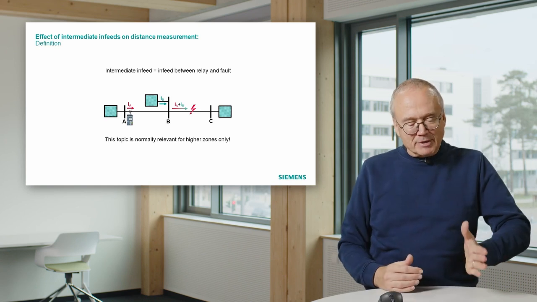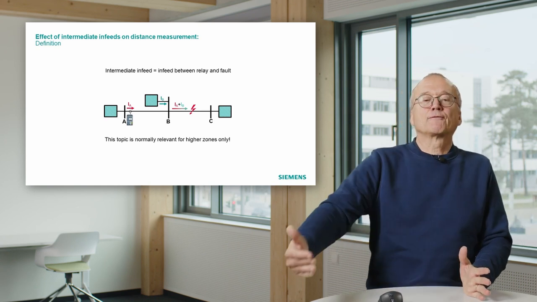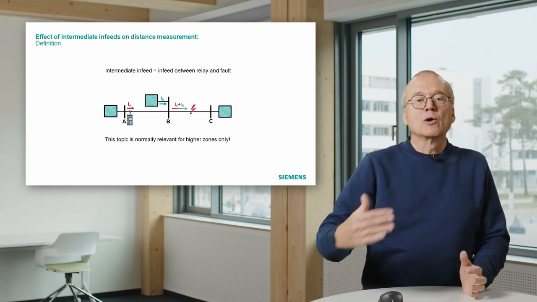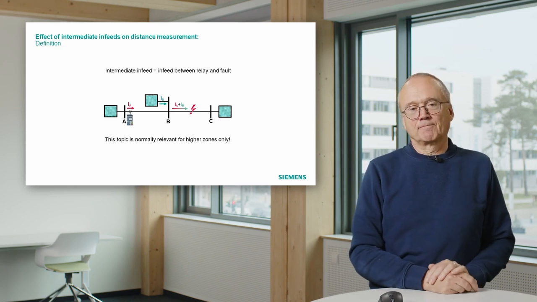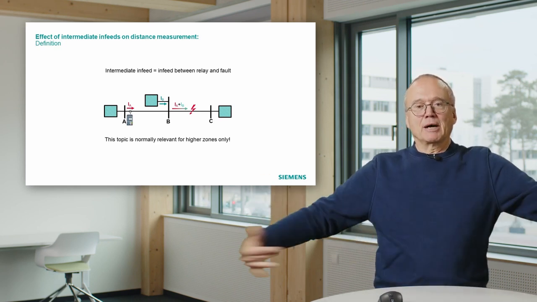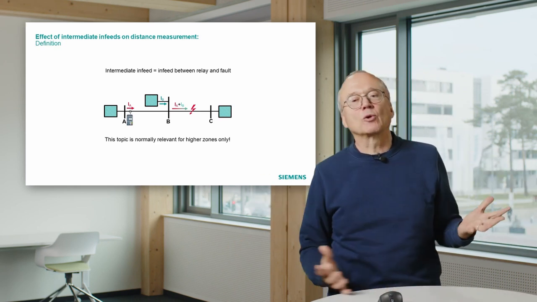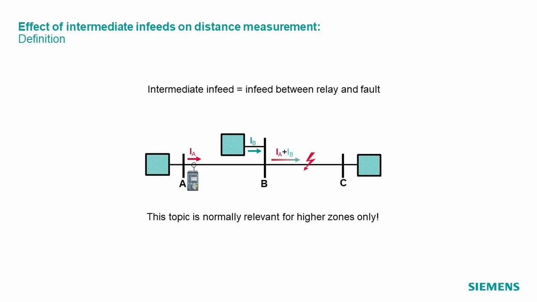That means between the relay and the fault on the next line, we may have an infeed, because there are some other lines coming in there and they also have some short circuit current. And this infeed is called intermediate infeed.